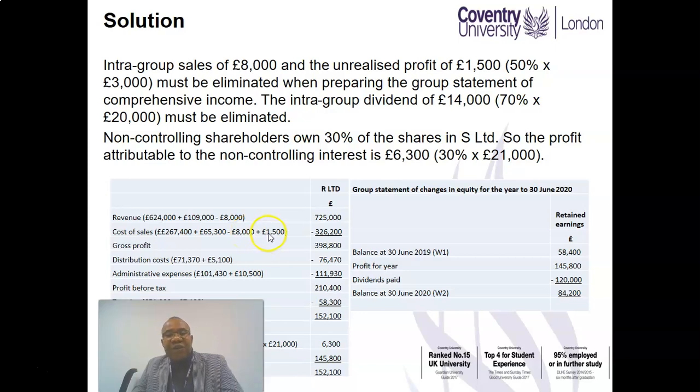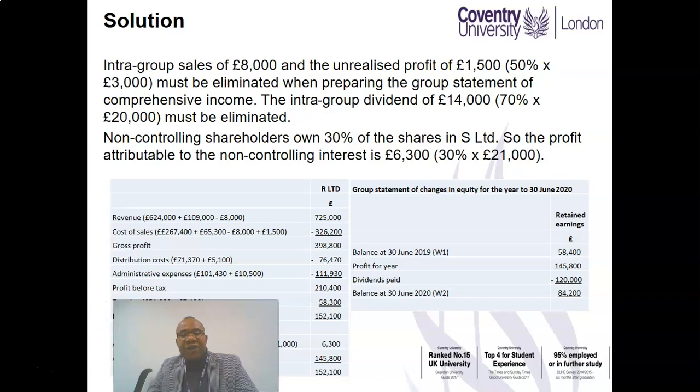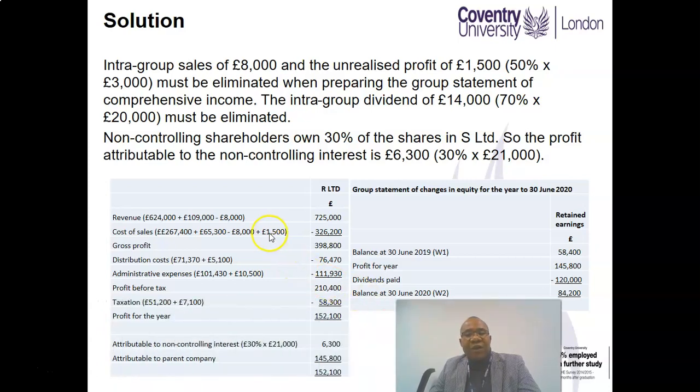Then we add to it the 1,500 that was calculated earlier as unrealized profit, being half of the items sold to S that still remains in stock. That gives us a gross profit, and the rest of the exercise is a simple adding of items together on a line-by-line basis. And so we have a total here of 152,100, which is the profit for the year.